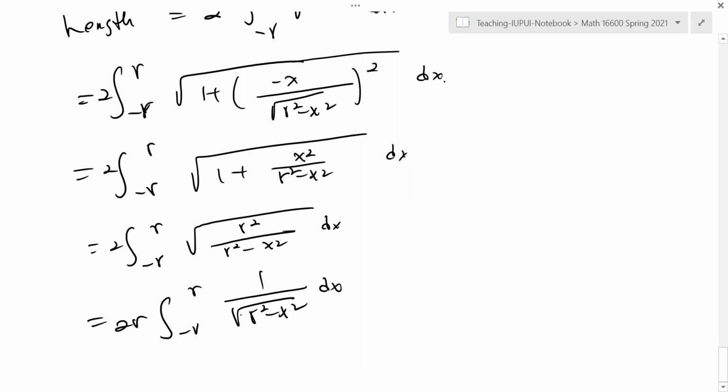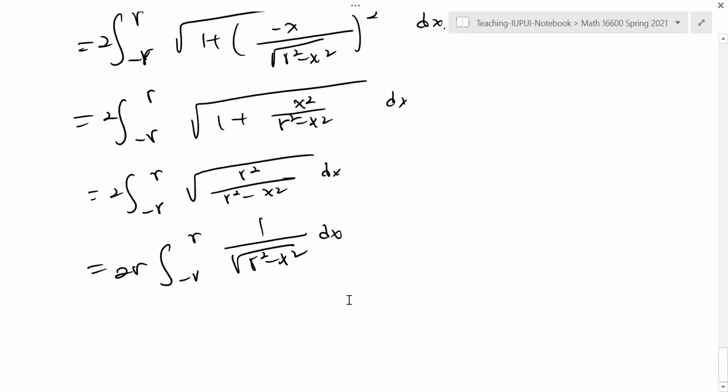Again, you can find the formula in the back side of the book for this integral. You can also use a substitution by yourself to find the antiderivative of this function. But I'm pretty lazy, I don't want to do that right now.